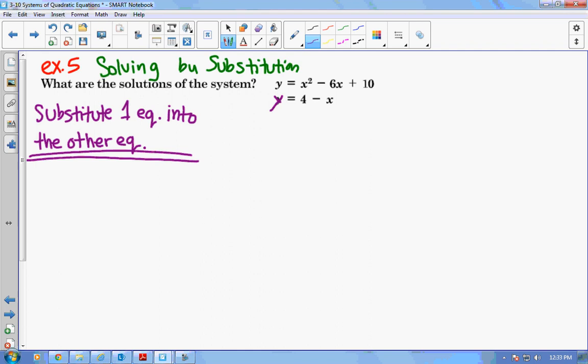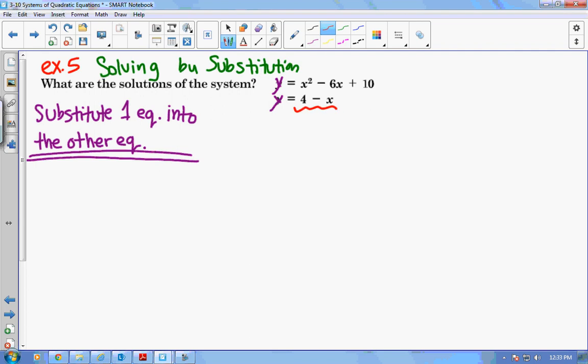4 minus x. We're looking for where these two cross each other. So where they cross each other, right at that point, do those points have different y values, or is it the same y value? It's the same y value because it's the same point. So this y also equals 4 minus x.